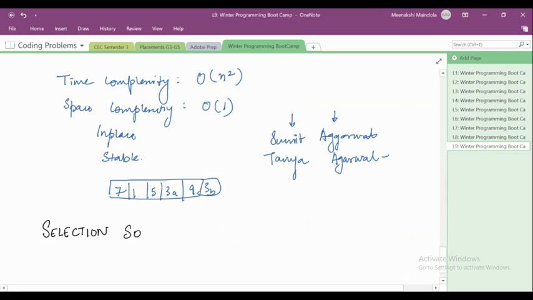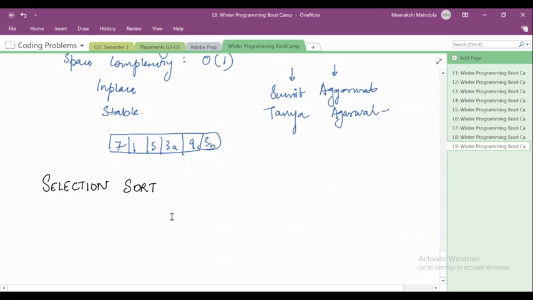So we are going to be talking about selection sort. Can anyone tell me what is the main idea behind selection sort? How is it that you approach the input array in order to sort it in the ascending order? What is the main idea behind selection sort?